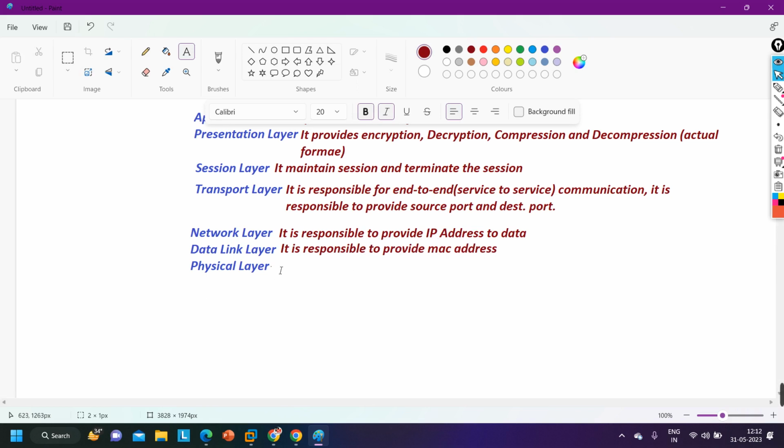And the physical layer, as you know, is nothing but your media, through which your data will flow.